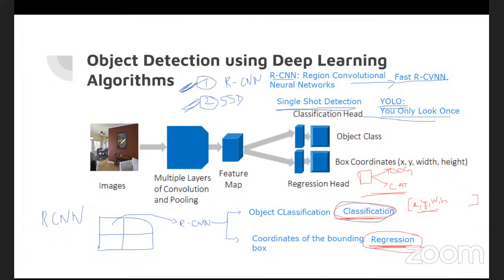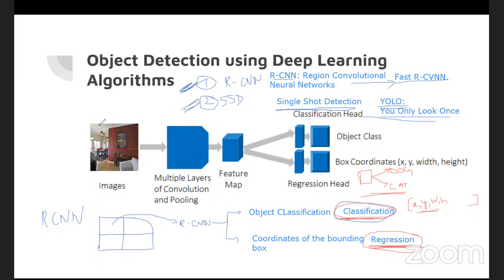Take this as an example. These are the table and chairs. If I want to perform object detection using RCNN, what I will do is divide this image into four parts, and let's come to the first part.